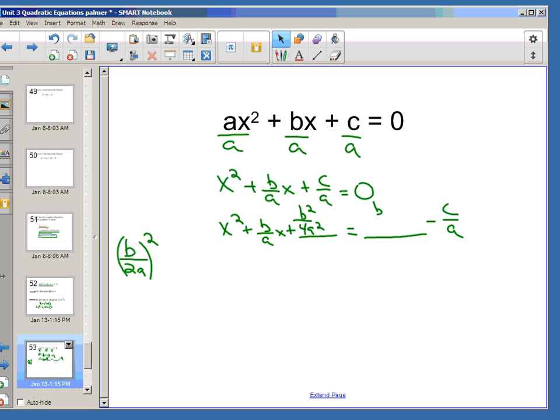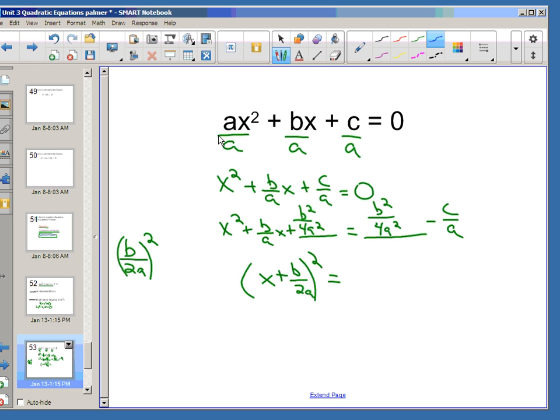So we're going to add b squared over 4a squared to both sides. So this is going to be x plus b over 2a squared equals, and now we have to add these together. When you add these together, remember fractions, you need a common denominator. I need a 4a squared for the common denominator. So I have to multiply this by 4a on the top and the bottom. That's equal to b squared minus 4ac, and that's all over the 4a squared.